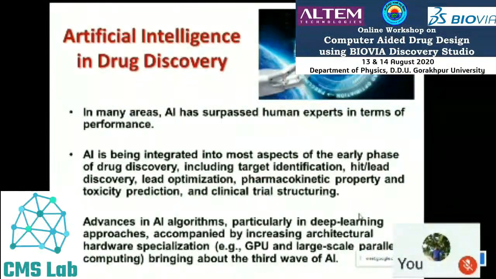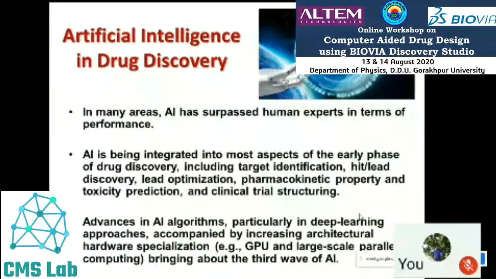AI is being integrated in most aspects of early phase drug discovery, including target identification, lead discovery, lead optimization, pharmacokinetic property prediction, and toxicity prediction. Even in clinical trial structuring, AI is used. Nowadays, in each and every area, AI is used.